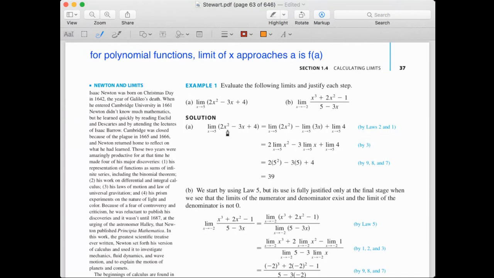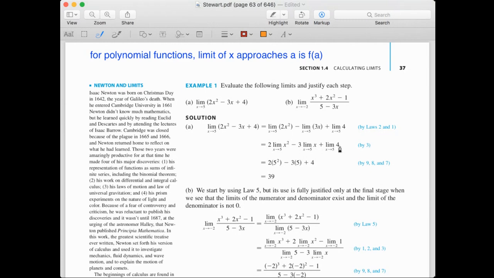How do we get that? We just apply the property from before, right? Limit of the first one, limit of the second one, limit of the constant, limit of 2x squared. 2 is just a number we can factor out. Or limit of x squared is 5 squared, minus 3 times the limit of x, which is just 5.